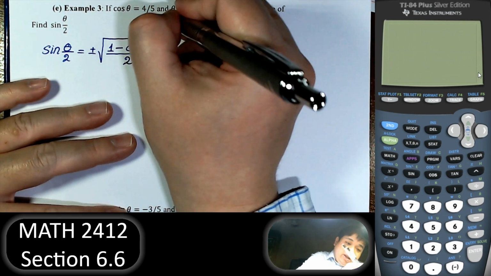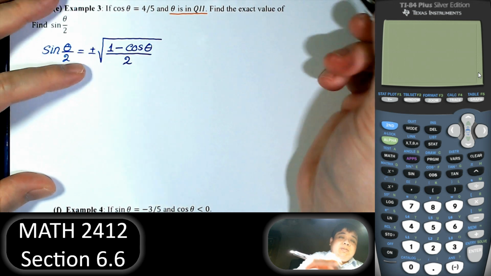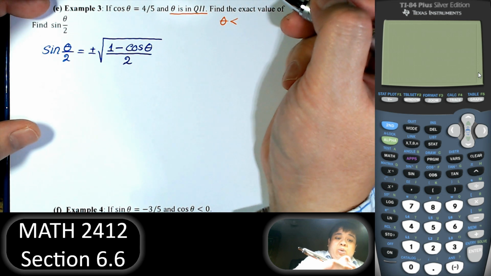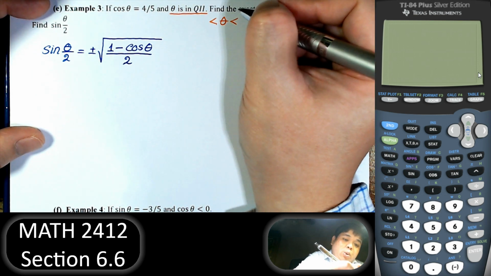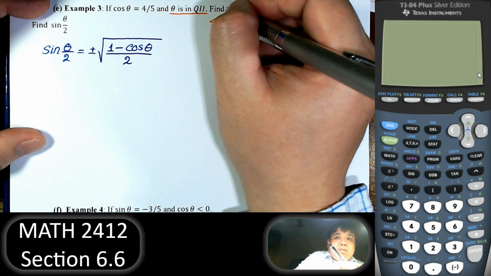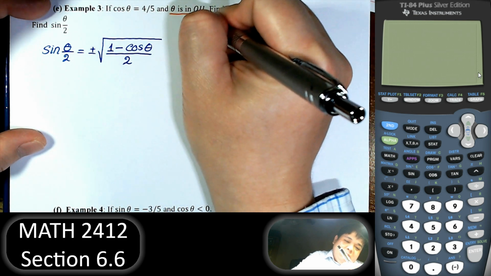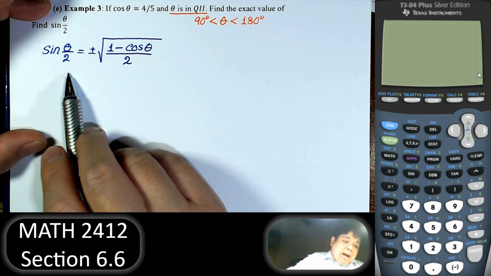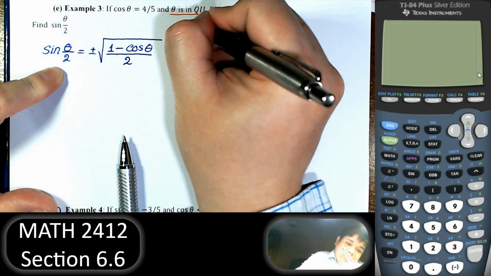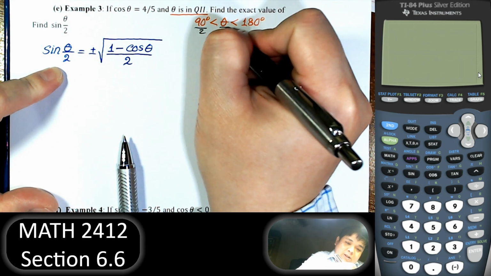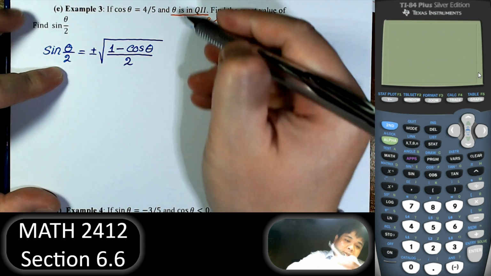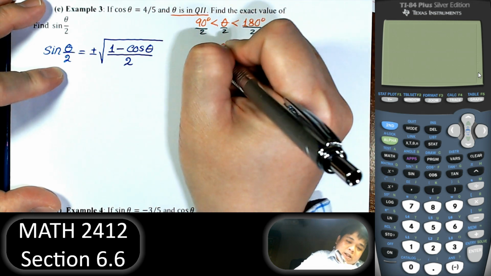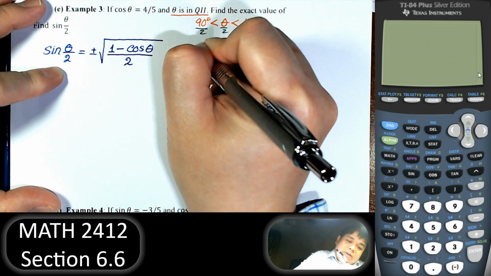Now we do need to determine if this is positive or negative. Well, that's not that bad. We know theta is in quadrant 2, so theta is between 90 and 180 degrees. Let's use degrees. Now, if we divide everything by 2, we have theta over 2, therefore it's less than 90 but greater than 45 degrees.